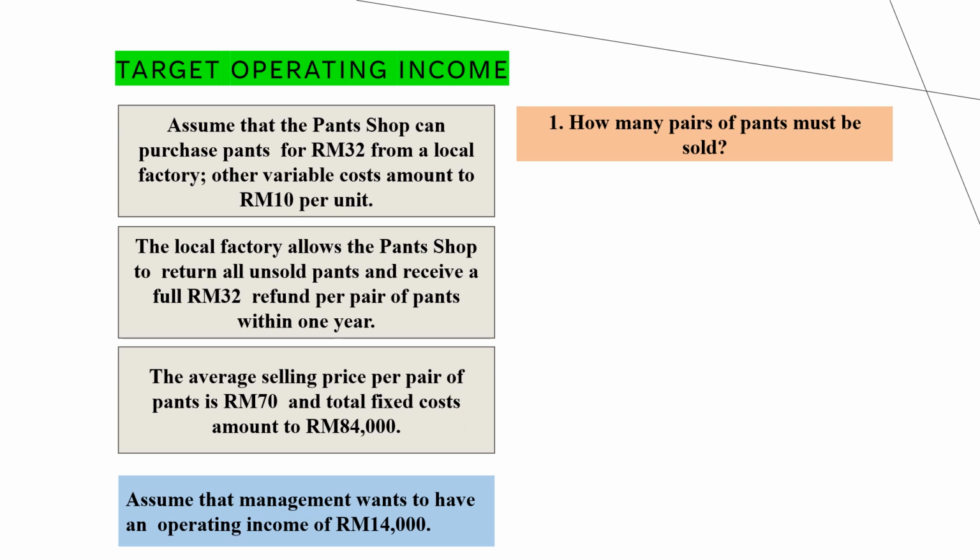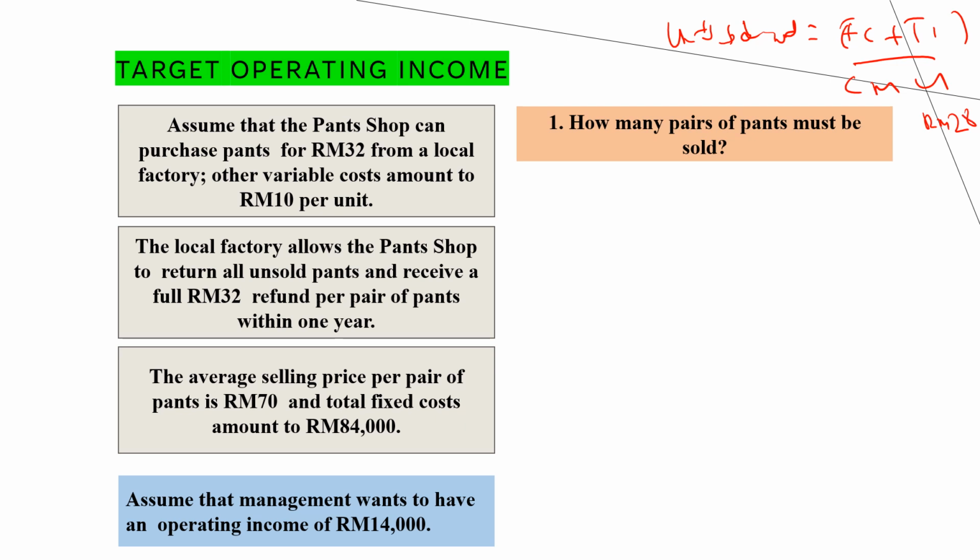The formula actually is units to be sold equals fixed cost plus target income divided by the contribution margin per unit. So you need to find the contribution margin per unit. From the previous example, your contribution margin per unit is 28.